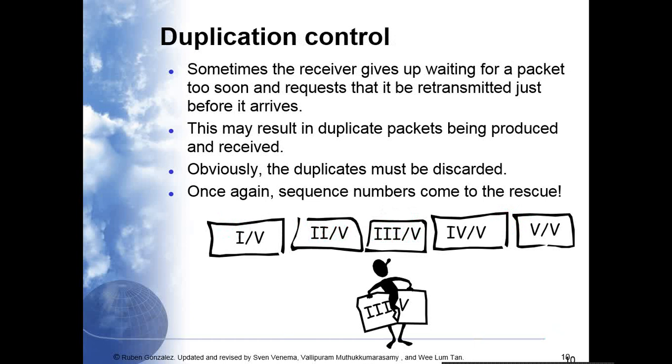Duplication control is another issue that you get because sometimes you retransmit something. Maybe one of these packets, 3 in this case, was really slow. It took a long time to get to the destination. By the time that it got there, the destination said, look, I don't think I'm going to get this one, so I'm going to ask for another copy. That happens. So then at the end, you get 2 copies of 3. What do you do with it?